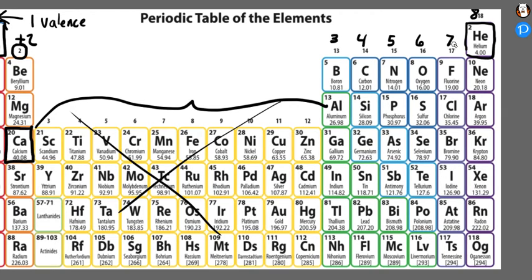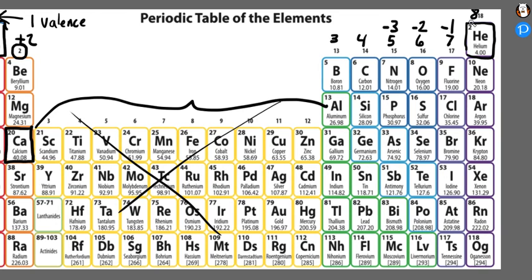It's going to be easier to gain 1 electron, and so all of these in this group typically have a charge of -1. Oxygen, sulfur, and selenium, until we hit the metalloids, will typically get a charge of -2 because they're at 6, and if they gain 2, they will get 8. So they're going to gain 2 electrons and have 2 more negative charges. And then nitrogen and phosphorus are going to gain 3 electrons.